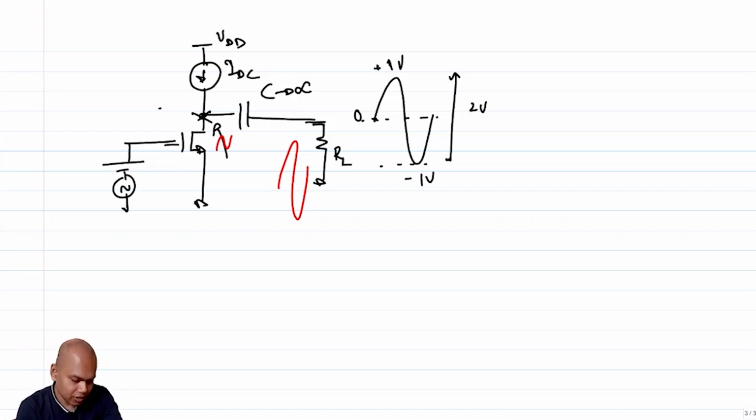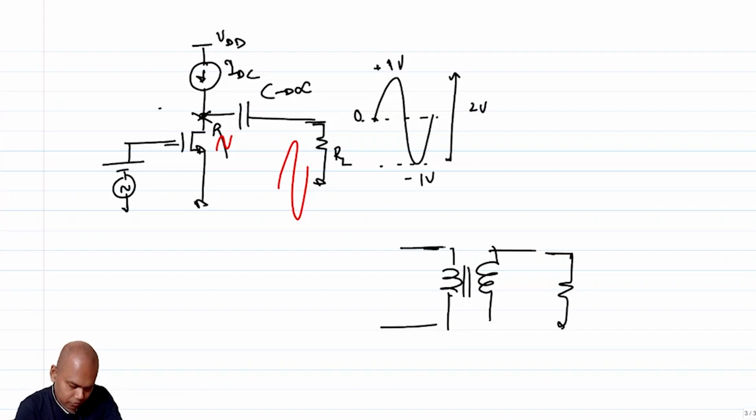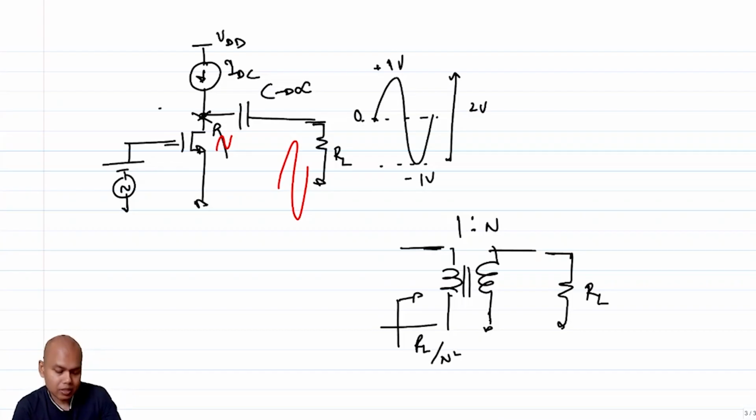So if instead of connecting this directly, I connect this through a transformer, let's say this is 1:N. Then if this is RL, the impedance looking here is RL over N squared, correct?